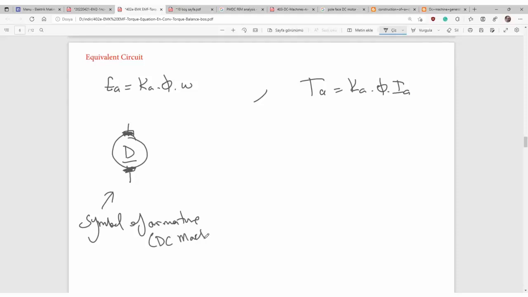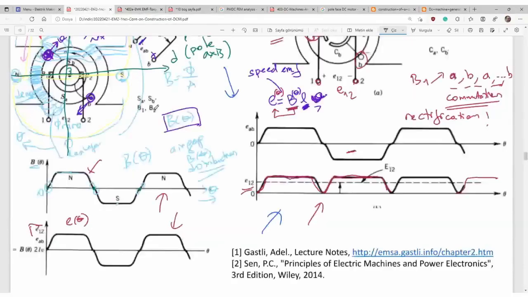Now it is written as dynamo; it could be written as motor or generator. It doesn't matter. Sometimes we say generator, sometimes we say dynamo. Dynamo is the nickname for DC generator. Now, where is the EMF?